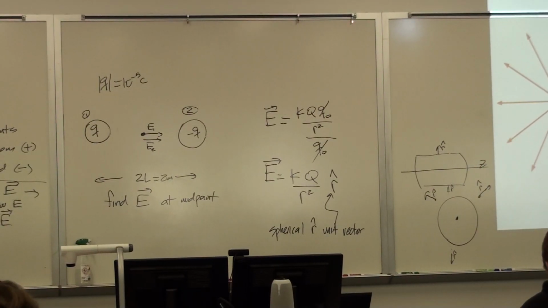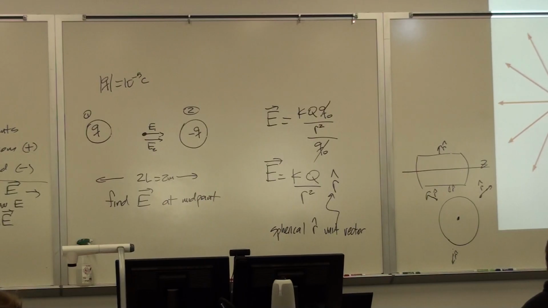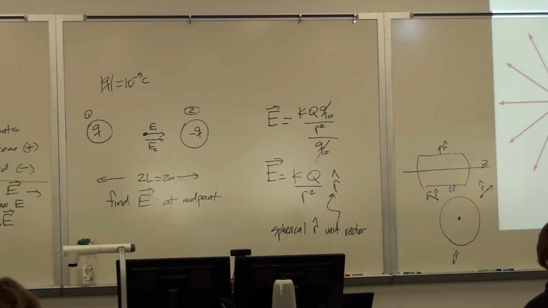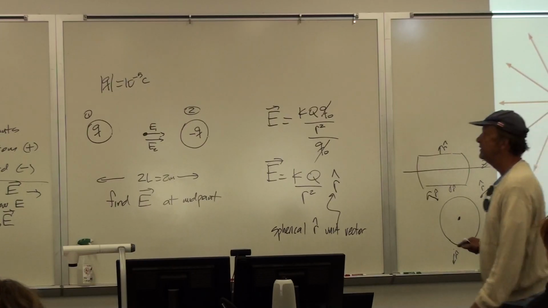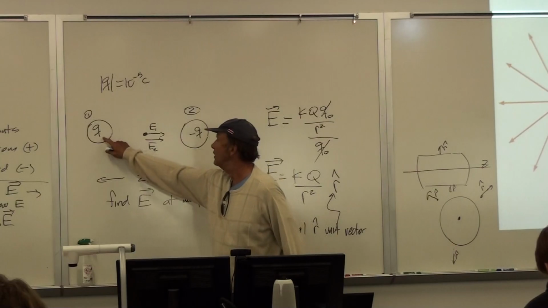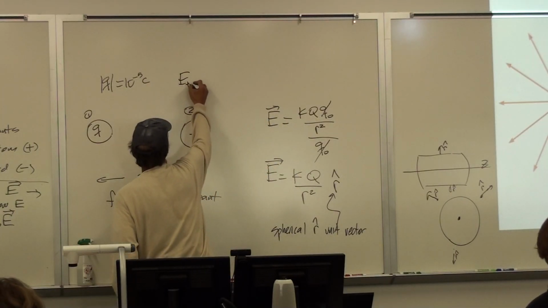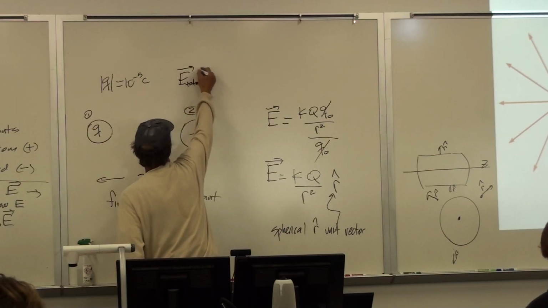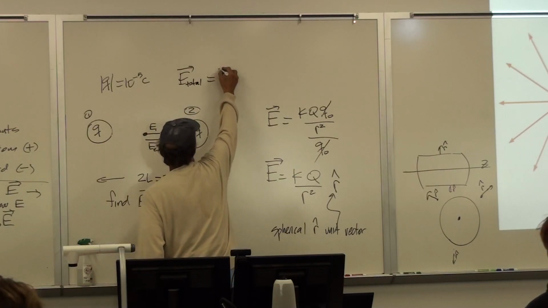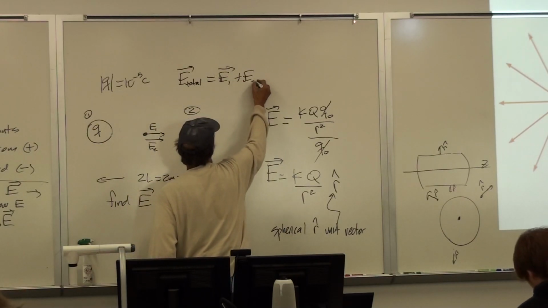Can you explain how E appeared? How what? You had E1 and then... Well, that was just some generic E. And so in this case, you've got an electric field due to charge 1 and due to charge 2. So E total is going to be a vector because it's a vector field, so that'll be E1 plus E2.